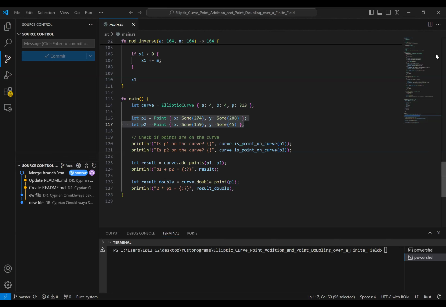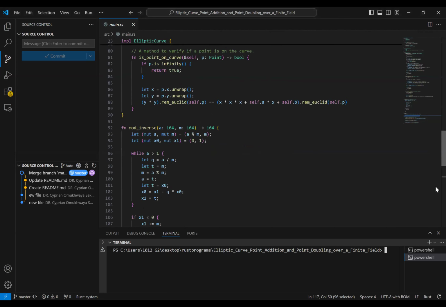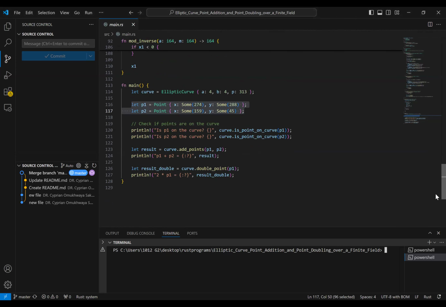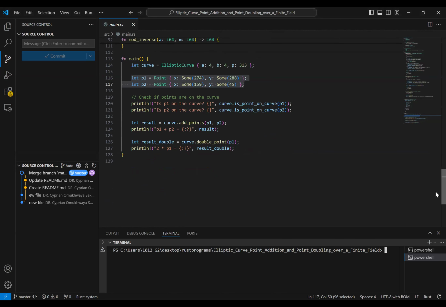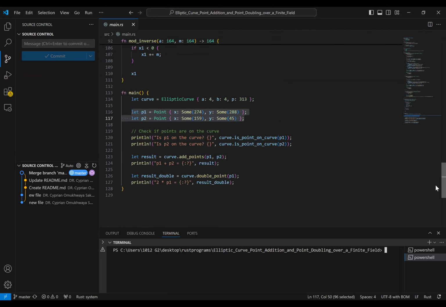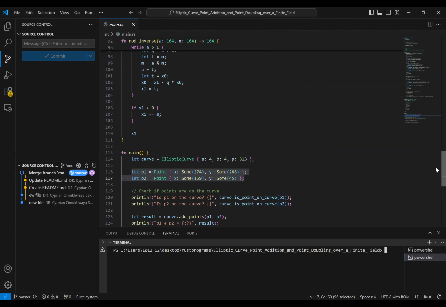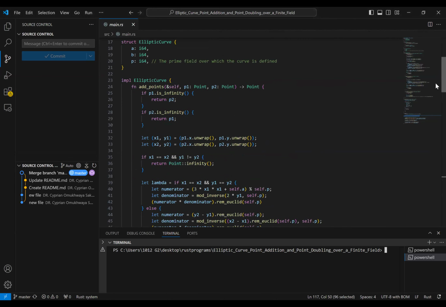Okay, this is the code. Is it this one? Okay, yes, it's this one. I've only changed the values.